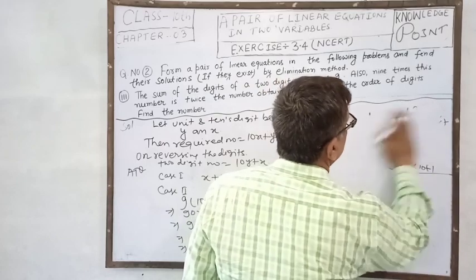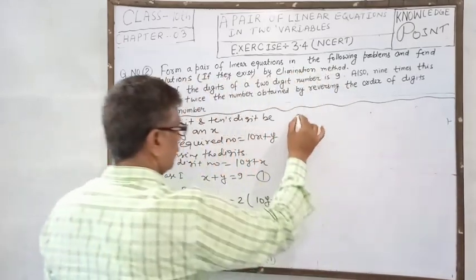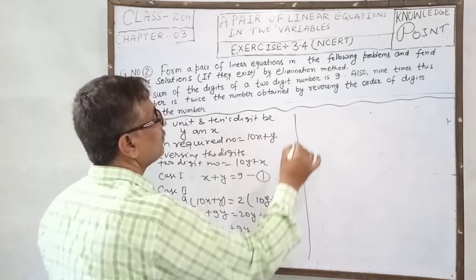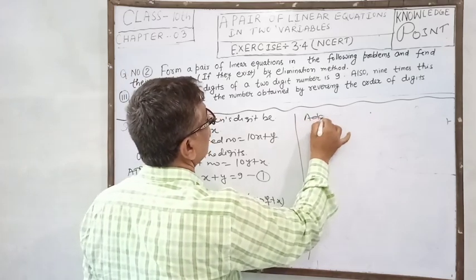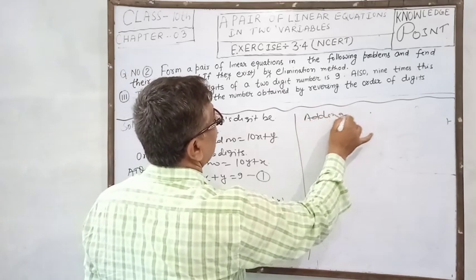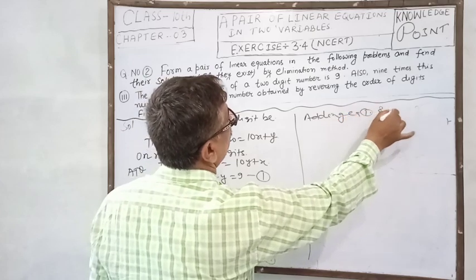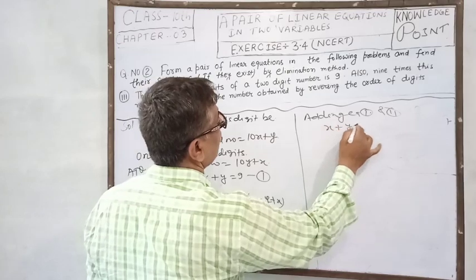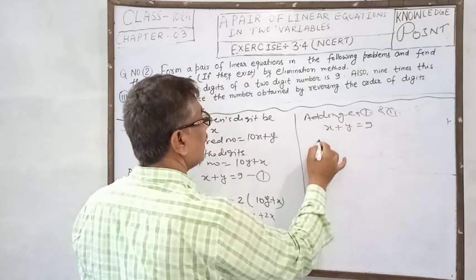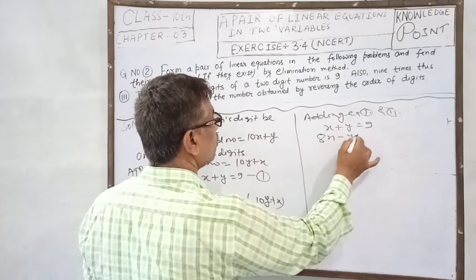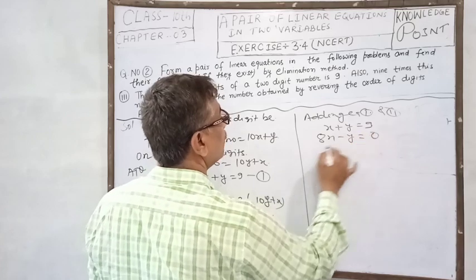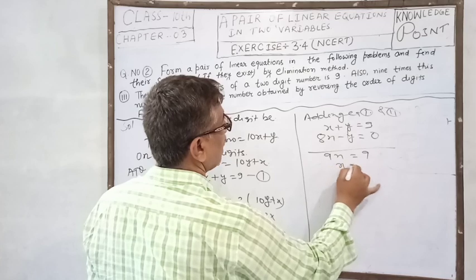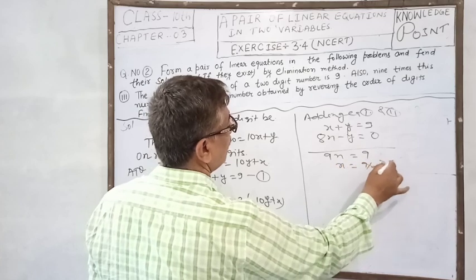Now, you see y only, adding equations 1 and 2. Here x plus y equals 9 and 8x minus y equals 0. So 9x equals 9, x equals 9 by 9, which is 1.